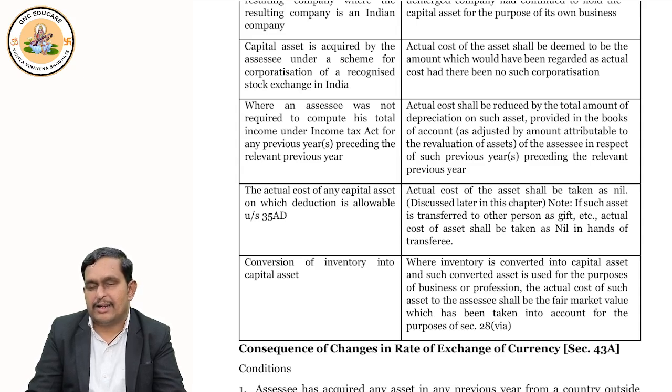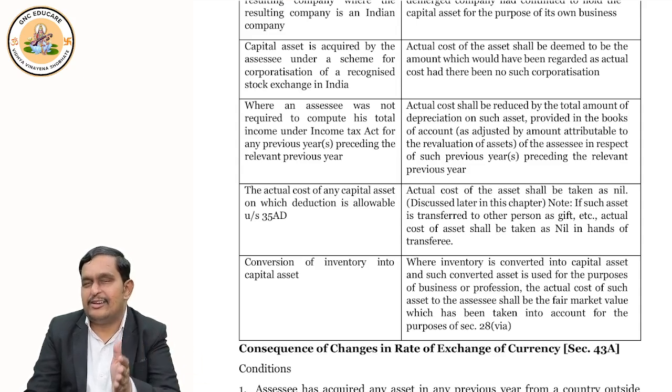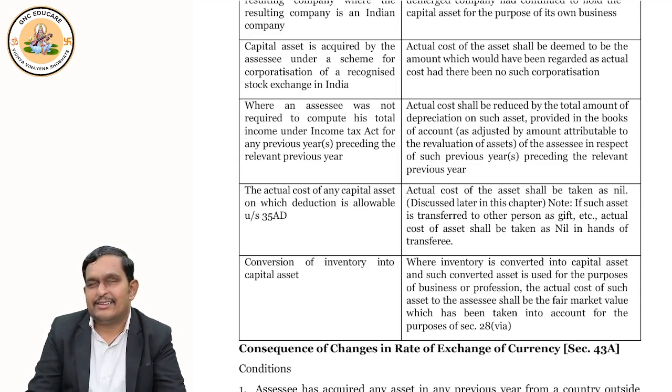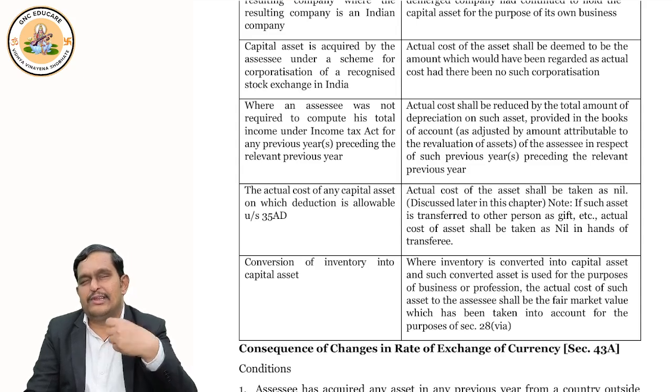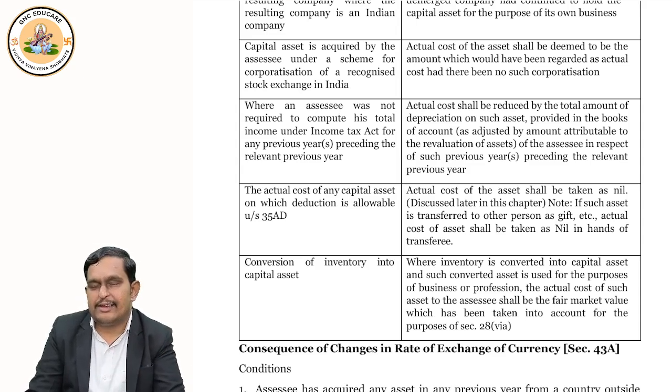Now come to the next part. Suppose an inventory is there. When I was teaching section 28, I said conversion of inventory into capital asset. What is the income I said? When inventory is sold in the market, sale revenue would be generated, correct?